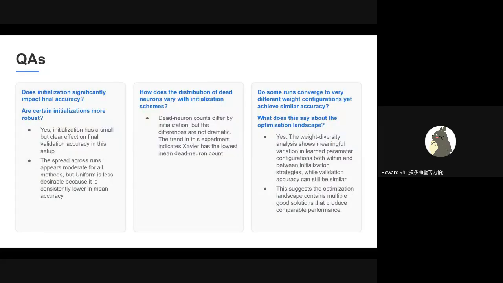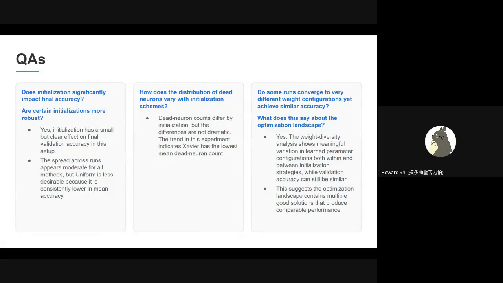Does initialization specifically impact final accuracy? Yes, initialization has a clear effect on final validation accuracy in these setups. Across 10 runs, the observed ranking is He better than Xavier better than uniform.